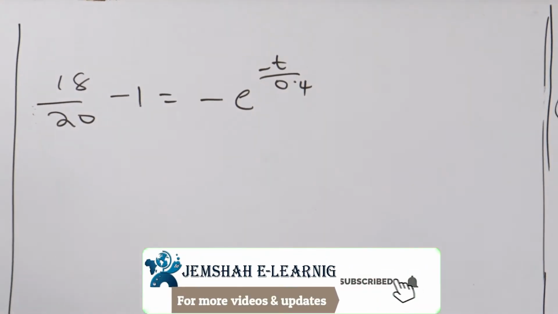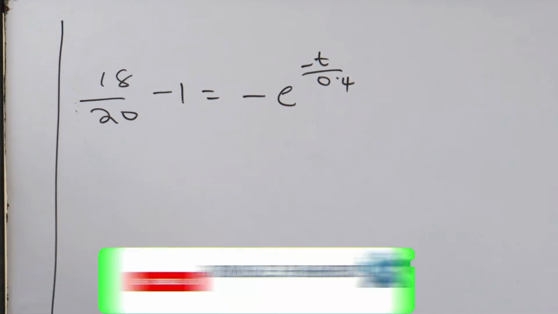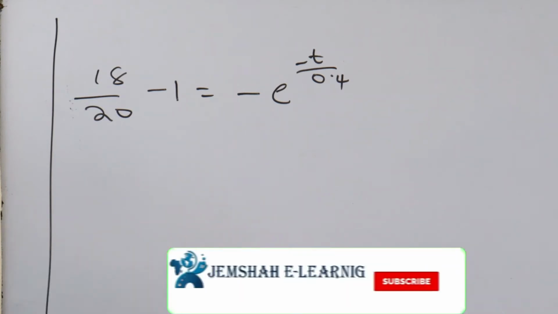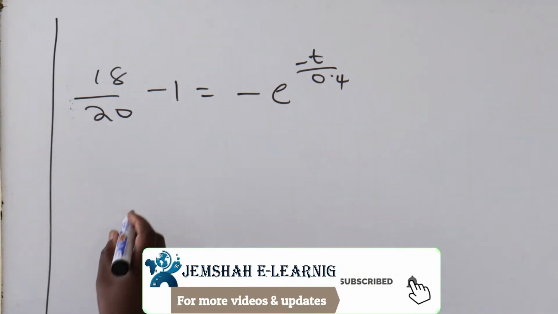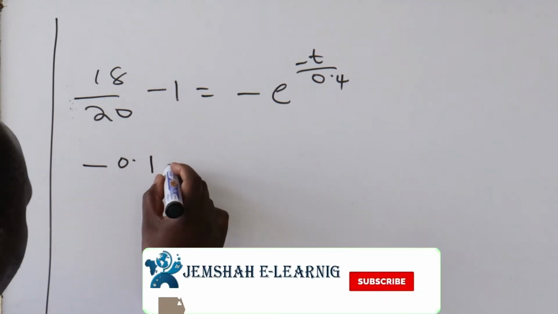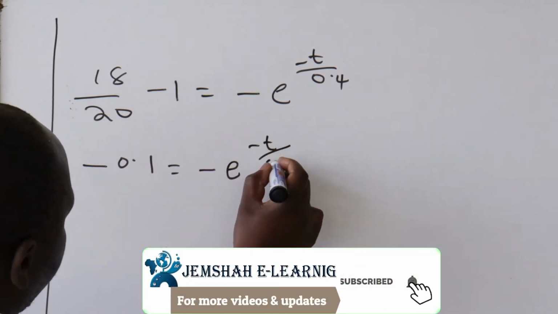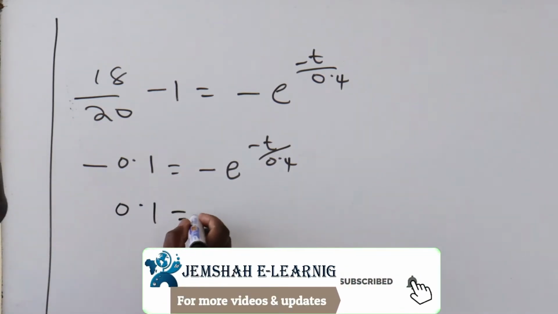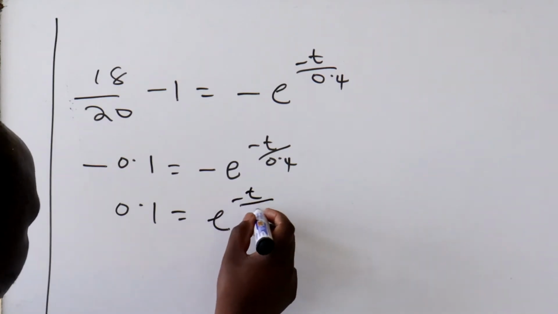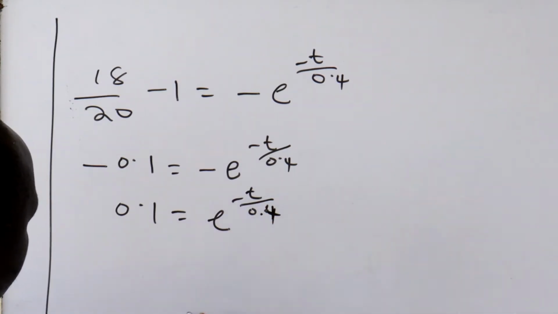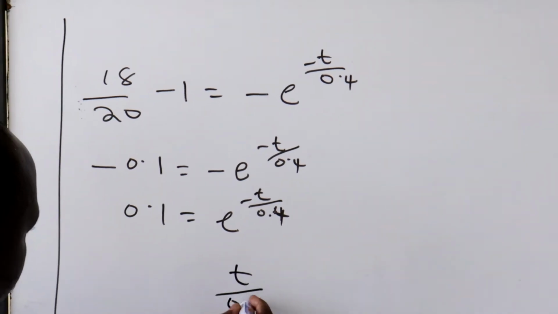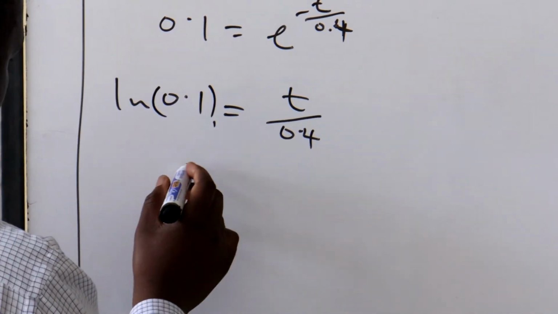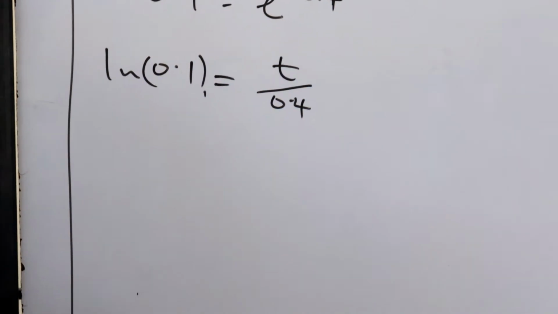Then that is minus 0.1 is supposed to be minus e to the minus t over 0.4. So minus and minus cancel, so that we have 0.1 is supposed to be e to the minus t over 0.4. So t over 0.4 is supposed to be ln of 0.1.